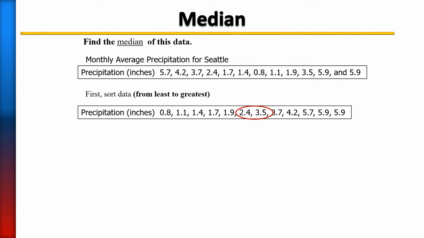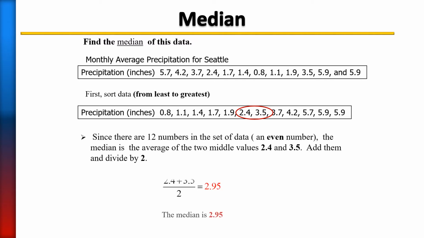And recall, to find the average, add your numbers and divide by the number of numbers you have. So since I have 2 numbers, I'm going to add those 2 numbers and divide by 2. That's going to give me 2.95. So therefore, the median of this data is 2.9.